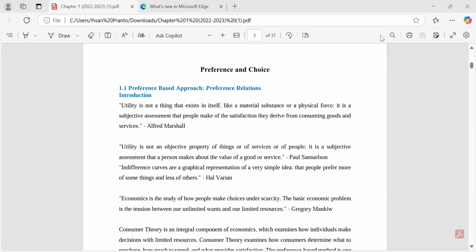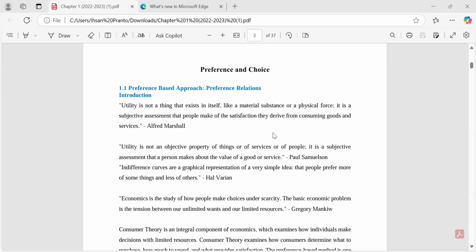A preference relation generally refers to how individuals rank different bundles of goods and outcomes based on their level of satisfaction or utility. So it is mainly a concept of microeconomics. In consumer theory, it helps us to make our decisions and behaviors.